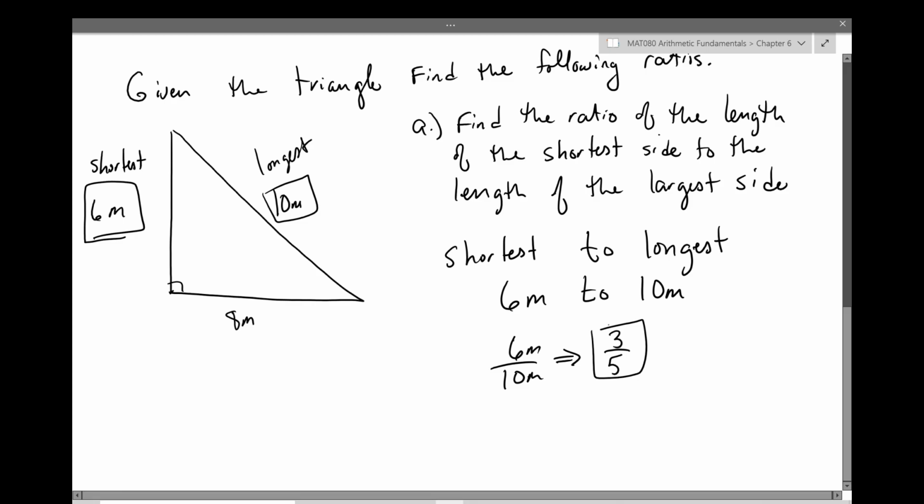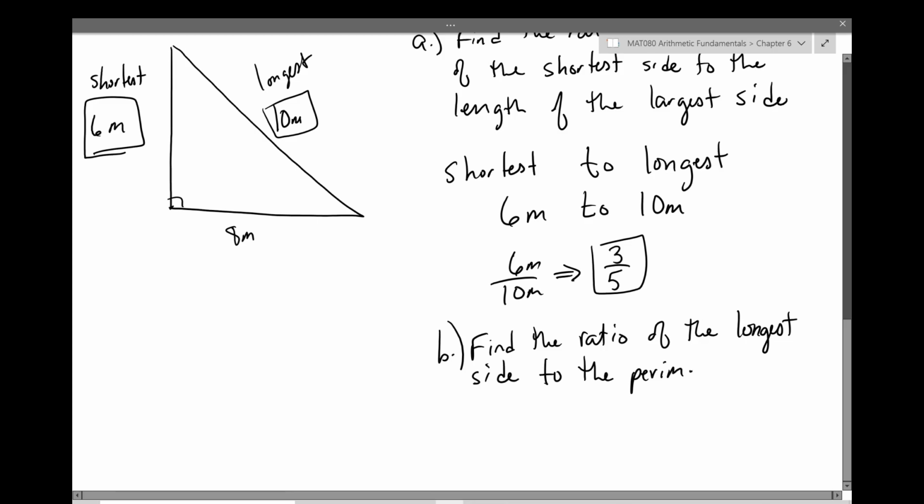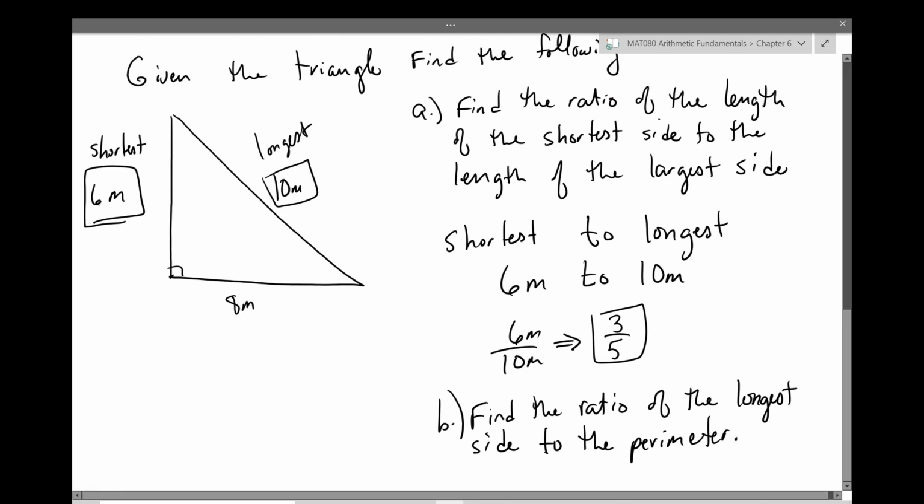All right, how about part B? We'll look at part B for this. So let's find the ratio of the longest side to the perimeter. Okay, well, we know, looking at the picture here, the longest side is still going to be the 10 meters.